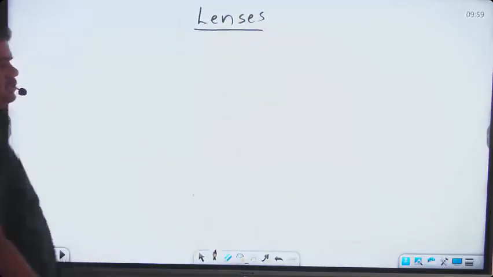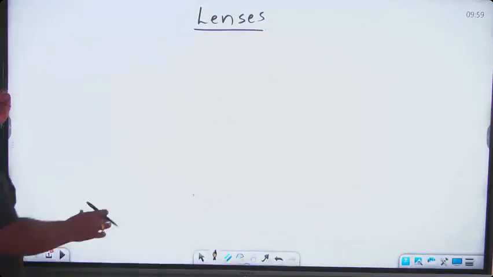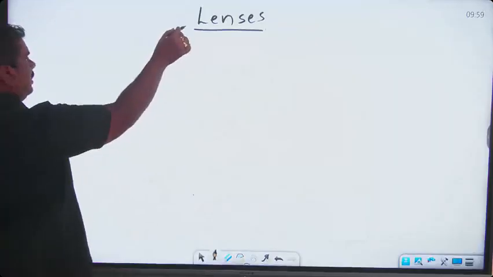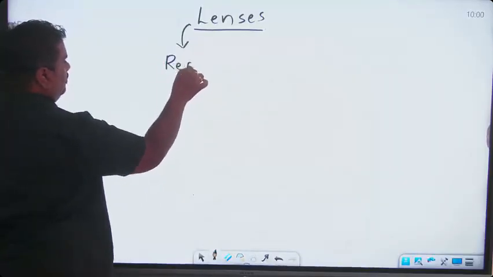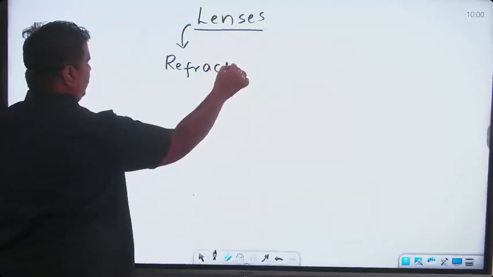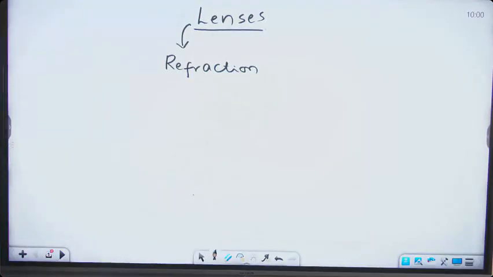When we talk about mirrors, mirrors work on the property of reflection of light, whereas lenses work on the property of refraction of light. Now, what is the basic difference between a mirror and a lens?